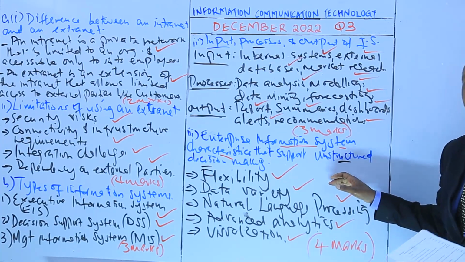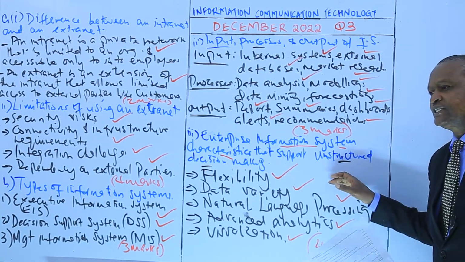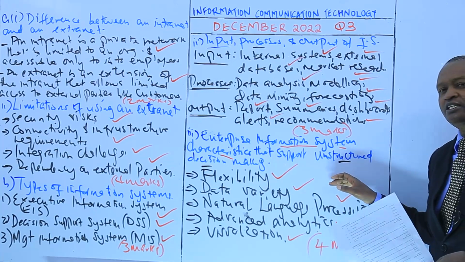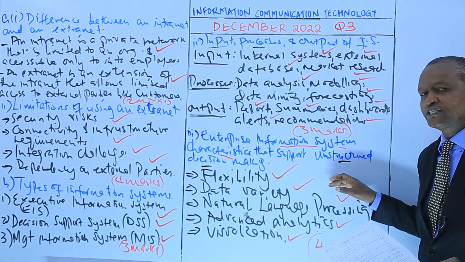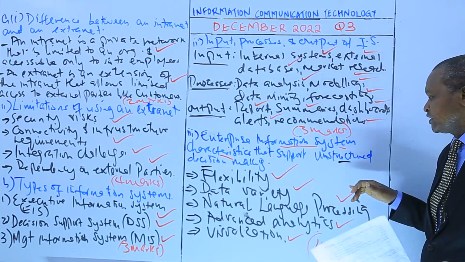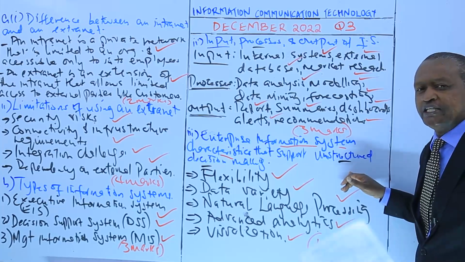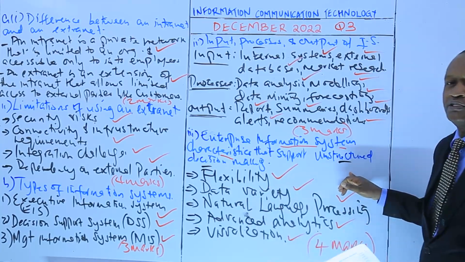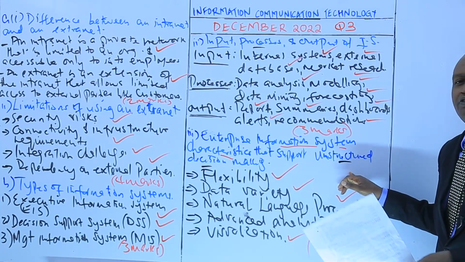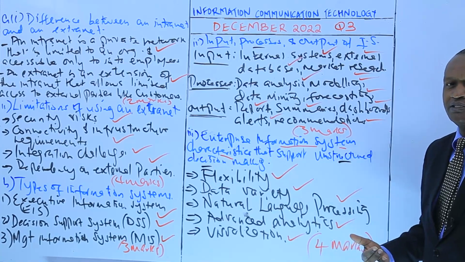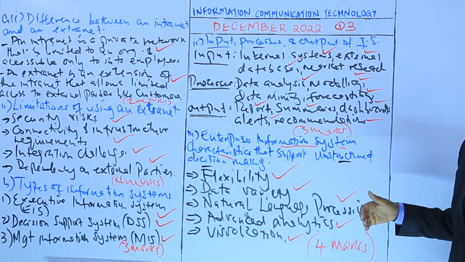A text analytics system analyzes and extracts insights from unstructured textual data, such as social media posts, customer reviews when customers give feedback, and even news articles.